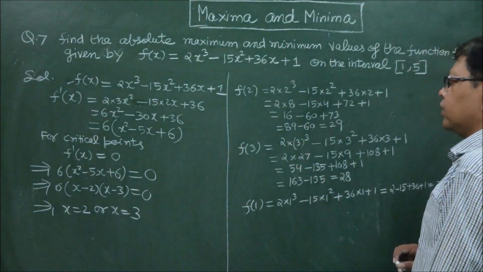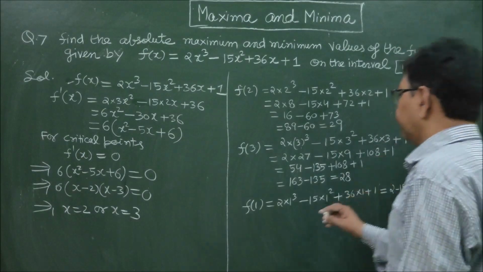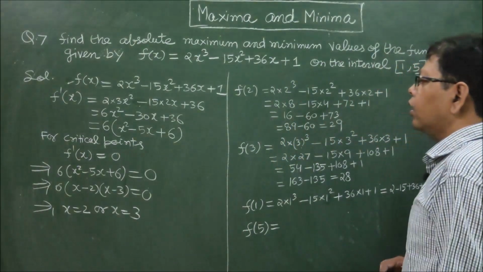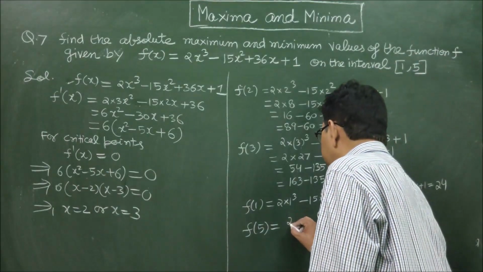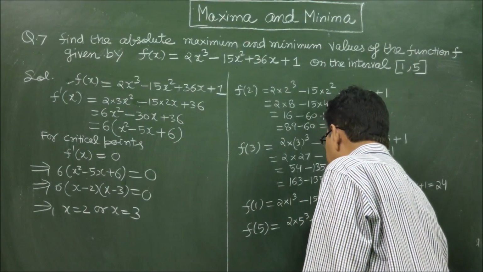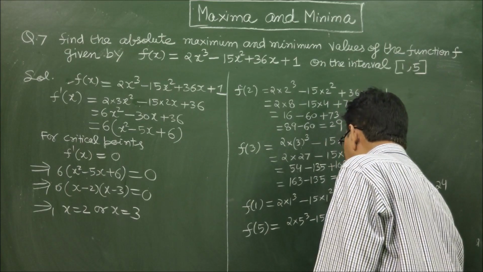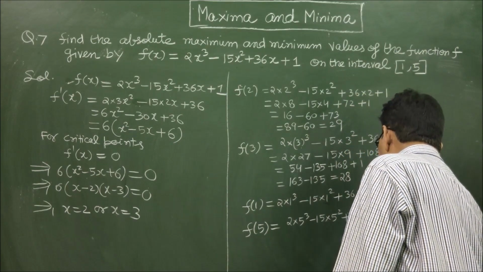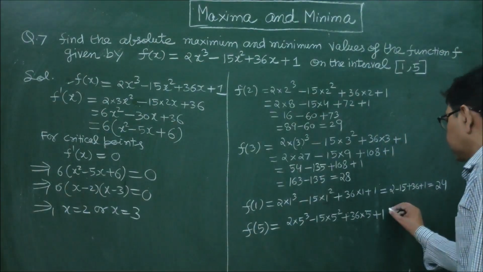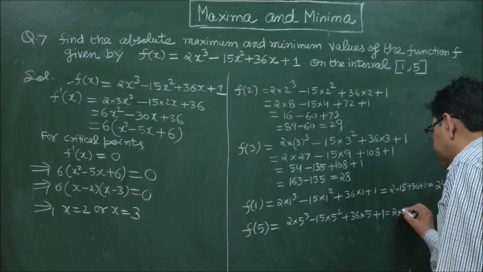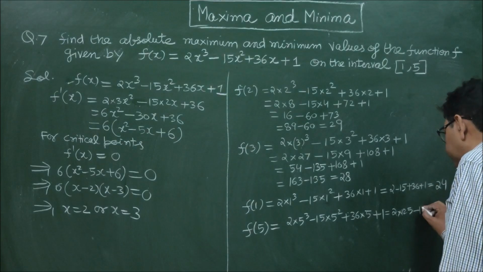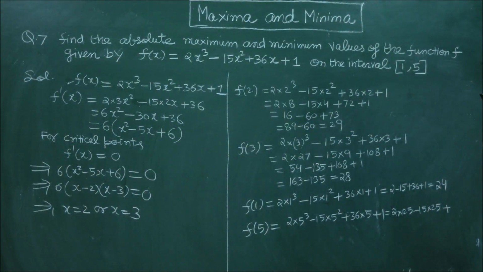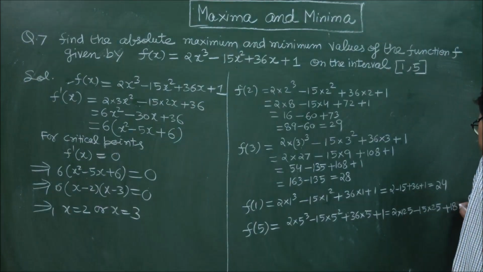Now the value of the function at the other end point, that is f(5). f(5) is equal to 2 into 5³ − 15 into 5² + 36 into 5 + 1, which is equal to 2 into 125 − 15 into 25 + 36 into 5, which is 180, plus 1.